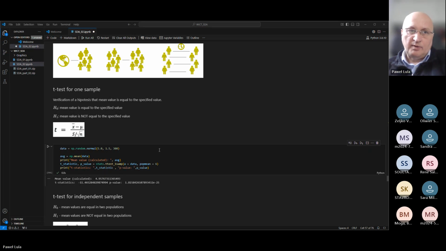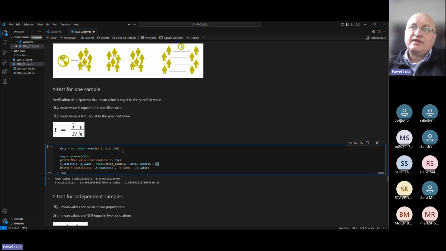We have the population, and I'm going to verify the hypothesis that the average value of this variable, which I'm going to analyze, in the whole population is equal, in our example, to 6. It is my hypothesis. If this mean value is equal to 6, I'm going to verify it.